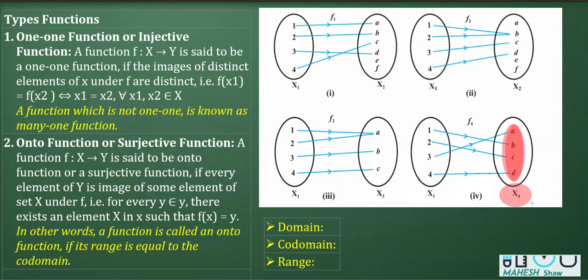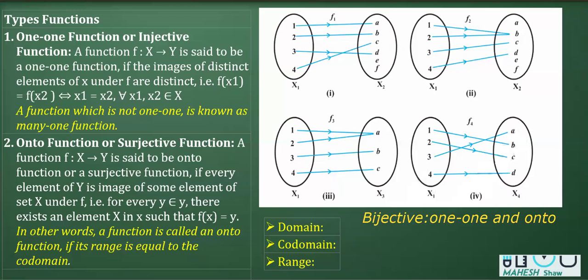That means all the elements of the second set are getting exhausted. None of the elements is left isolated, or is not made part of the image. And that's why we should consider this to be an onto function.